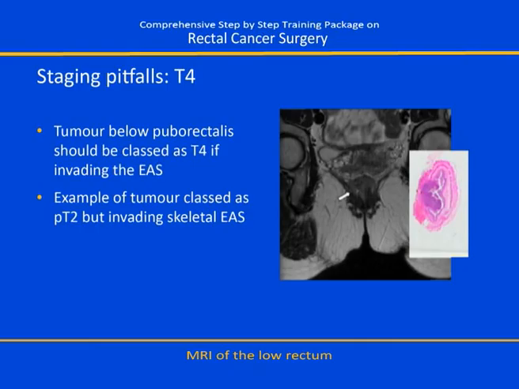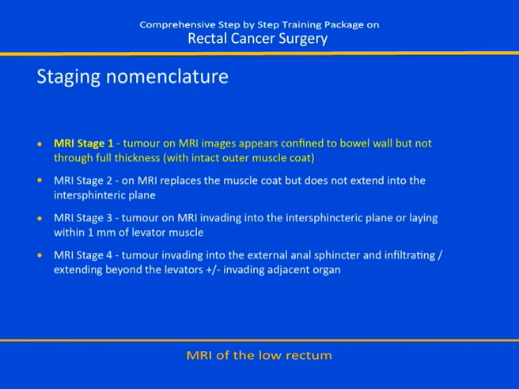What we need to think about is the relationship of the tumour to the potential margins that are available to the surgeon for dissection. So in this situation, what we prefer to do is to talk about the relationship of the tumour to the intersphincteric plane and to the rectal wall, because that's a definable plane, and it means if that plane is safe, then the TME plane is safe.